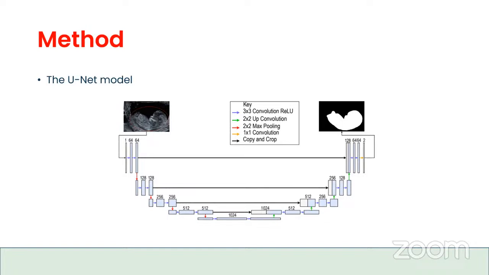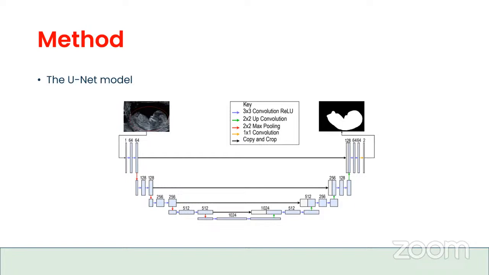The model consists of an encoder and decoder path. The encoder is on the left-hand side of the diagram and consists of repeated applications of 2 3x3 convolutions, followed by a ReLU and a 2x2 max pooling operation. Through each downsampling step, the feature channels are doubled and the spatial dimensions are halved.